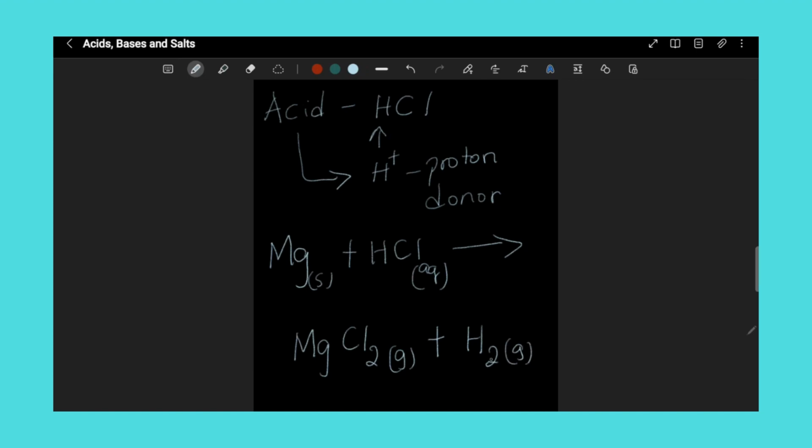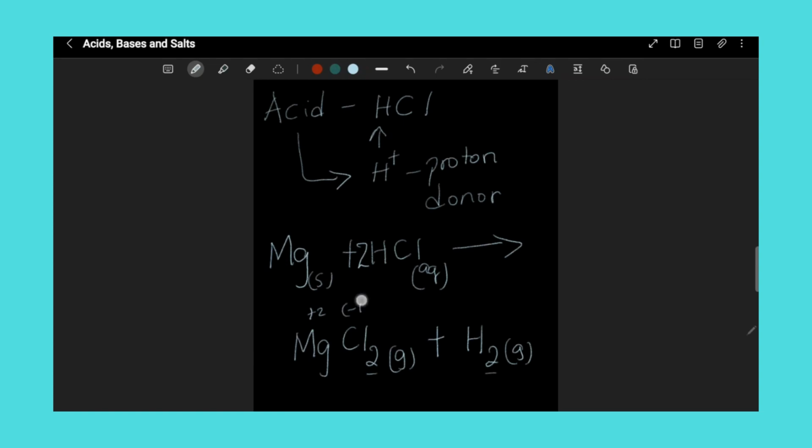Now, you may wonder, where did this 2 hydrogen and this 2 chlorine come from? Well, we have what is called balancing the equation and balancing the ions. Mg is +2, and further on in the course we'll discuss that. Cl has a charge of -1.